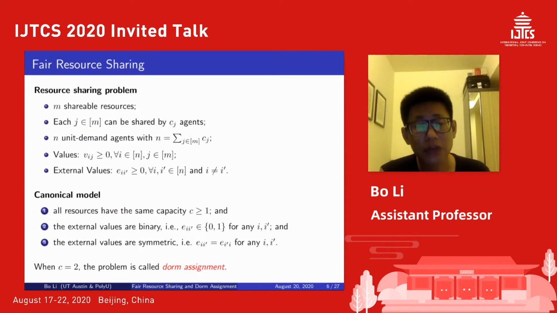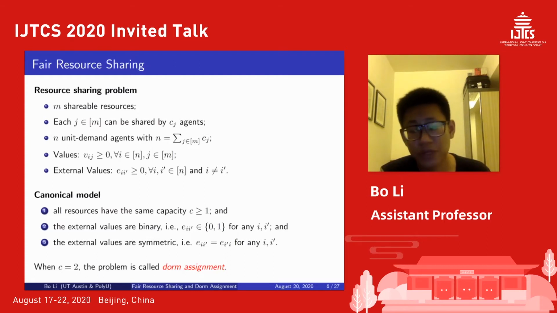Each agent i also has a value v_ig for each resource g. This means how much agent i desires the resource g. And the agents also have external values. So for agent i, if she shares a resource with agent i prime, then her utility gain is e_ii'. This is independent of the resources.